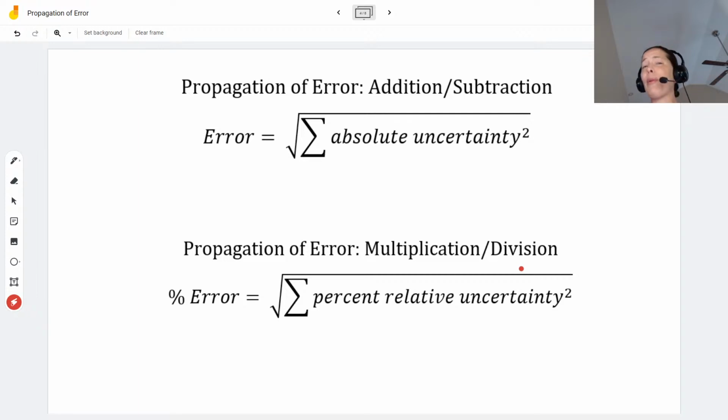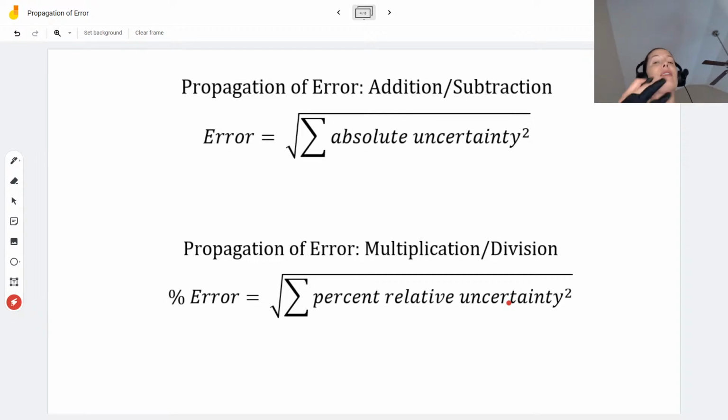Now, remember how we talked about percent relative uncertainty? That is when we get into multiplication and division. So for addition subtraction, we're just using the absolute uncertainty, but for multiplication division, we're using the percent relative uncertainty. So what we usually do is we're often given the absolute uncertainty, and we then calculate the percent relative uncertainty.